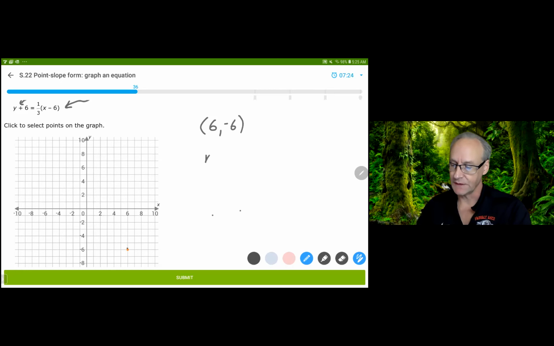And now I just need a slope, which is 1 over 3. That is up 1 over 3 to the right. Up 1 over 3. Notice that's a positive slope. Now, another way of counting your slope, if for whatever reason it doesn't fit, you can always go the other direction using negatives. I can go down 1 and back 3, and I'll be right there.